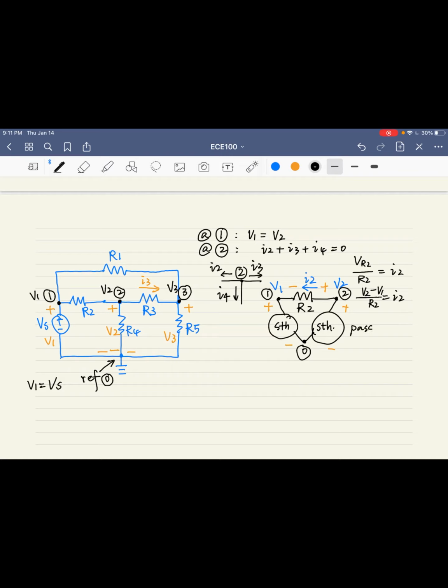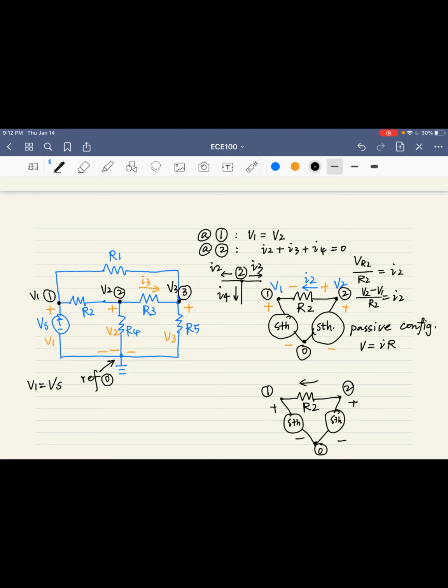So under passive configuration, Ohm's law is V equals IR. And let's see what difference we have if it is not following the passive configuration. We still discuss the R2 resistance to remain consistent. This is R2, something here, something here. We don't care.